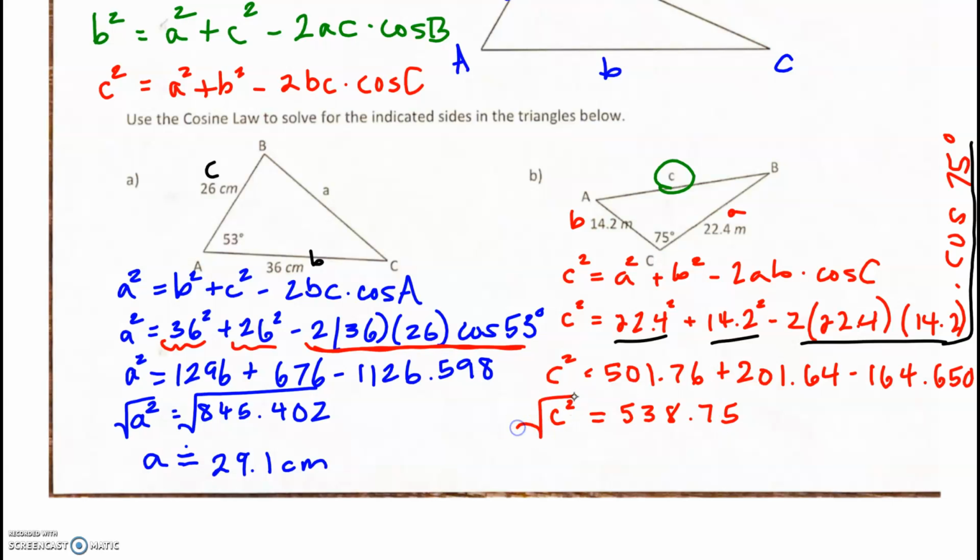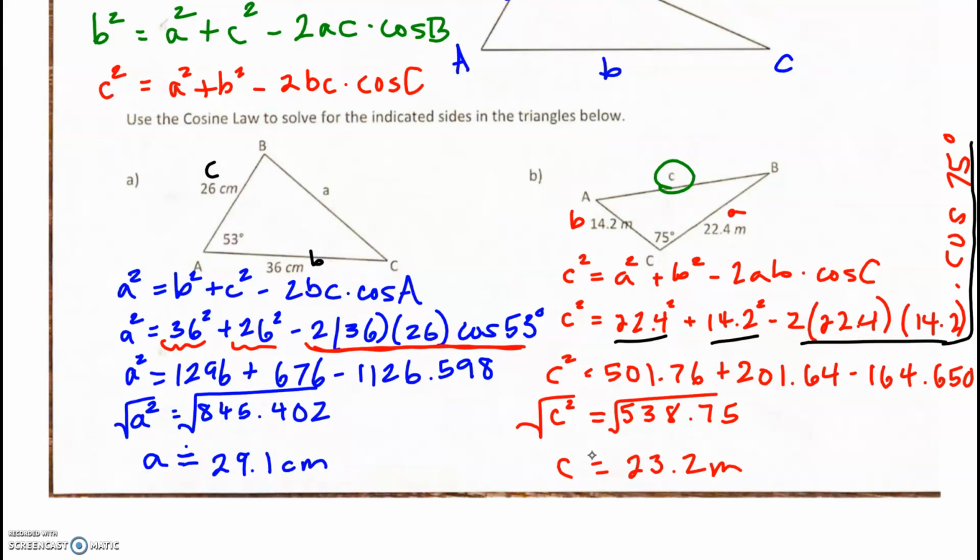In order to get the side length c, I need to square root to get rid of that square, and the square root is 23.2 meters. And I rounded that, so we'll put the approximate on it.